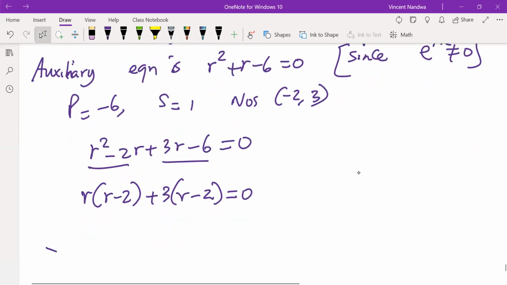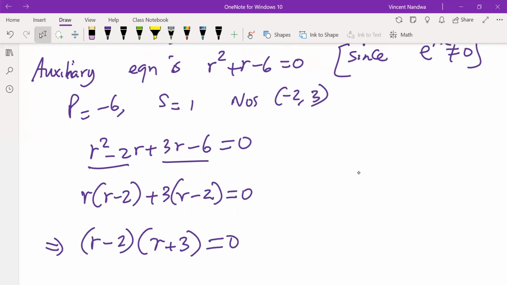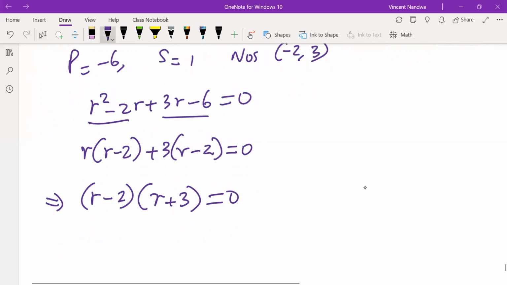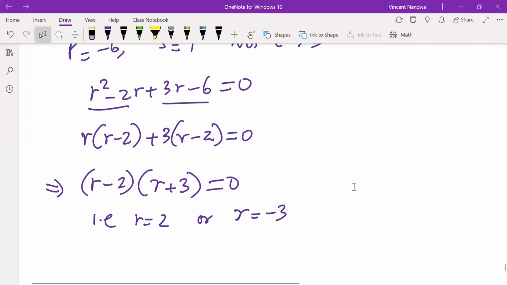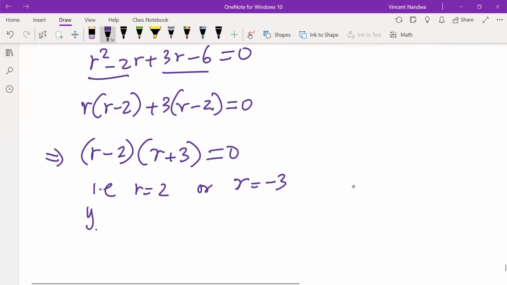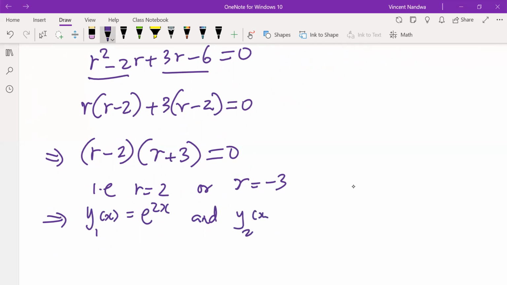So which means r minus 2 times r plus 3 equals 0. So this means r equals 2 or r equals minus 3. So which means that y1 of x is e raised to power 2x and y2 of x is e raised to power minus 3x.